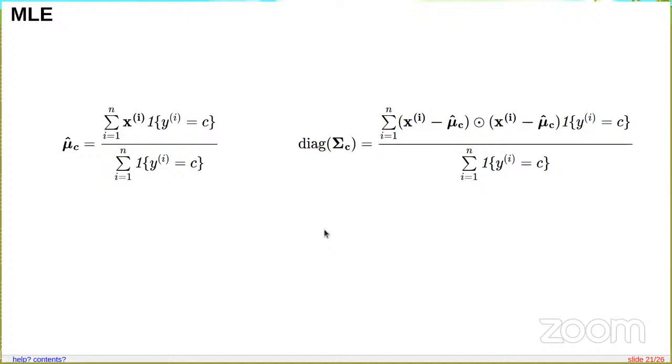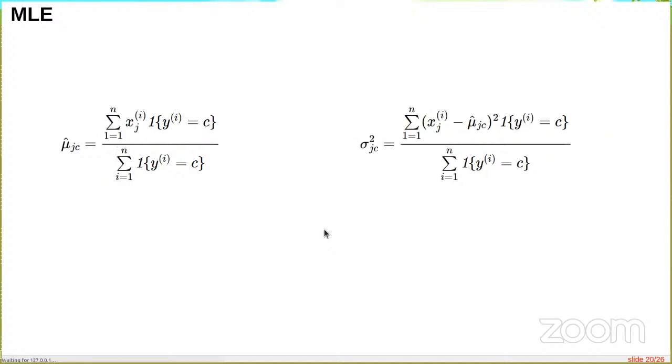I think when we implement, we will know how it gets implemented. Right, so the only change is that this j has gone out.